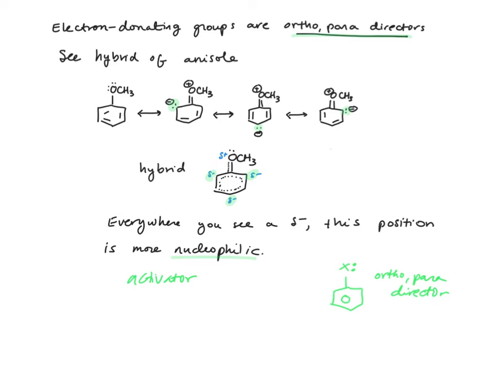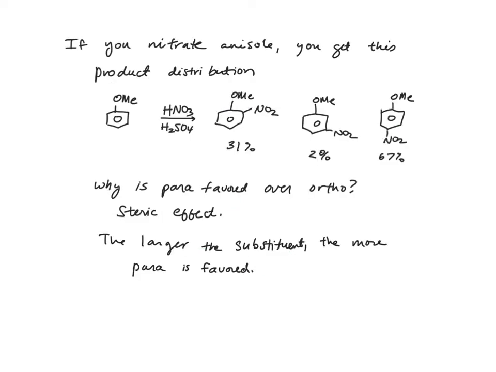And we'll see that in the next slide when we functionalize anisole with a nitro group, that we get the ortho and the para substituted groups as the major products, and the nitro group is only produced at 2% at the meta position.